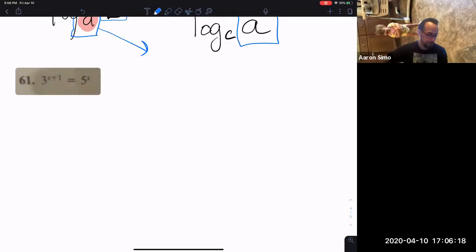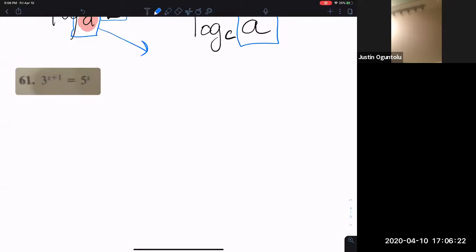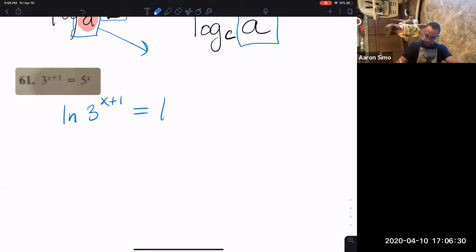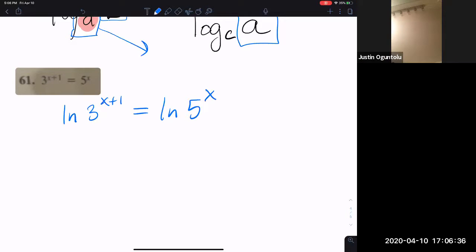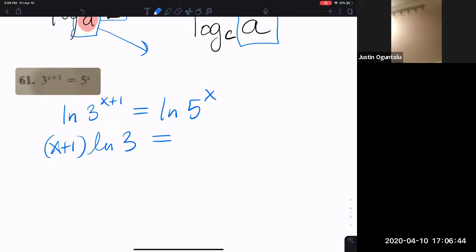So that would be ln of 3 to the x plus 1 equals ln of 5 to the x. Then I'm going to apply the power rule. Now I have x plus 1 in parentheses times ln 3 equals x ln 5.